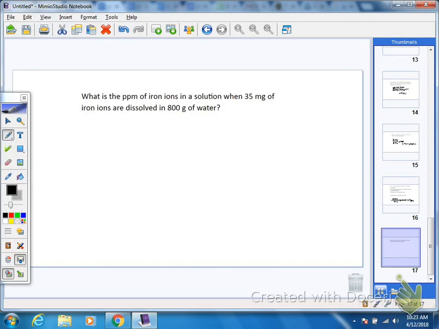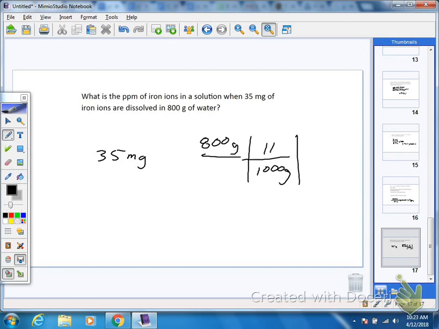So, on this one, we would take 35 milligrams, and then we would divide by a kilogram. Well, that's 800 grams of water, so how many kilograms would that be? 0.8, right? So, what's a milligram again? Milli's a thousandth of a gram. Yep.